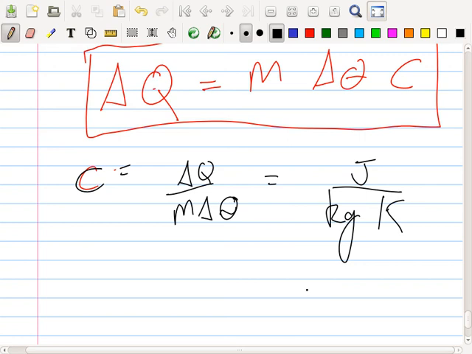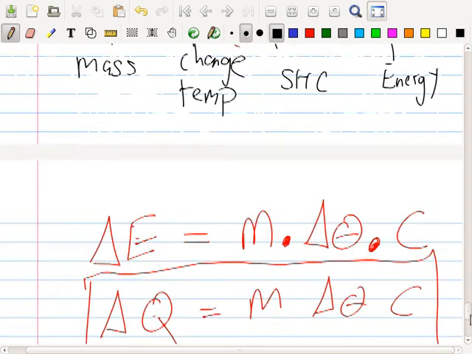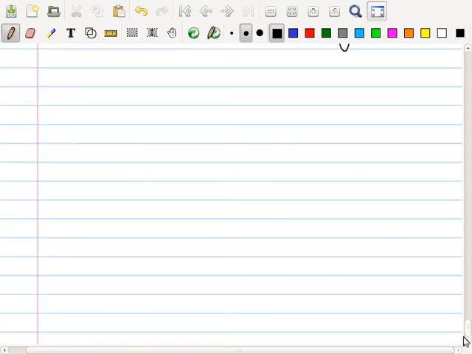Let's do an example. Did you get this formula? Okay, example.